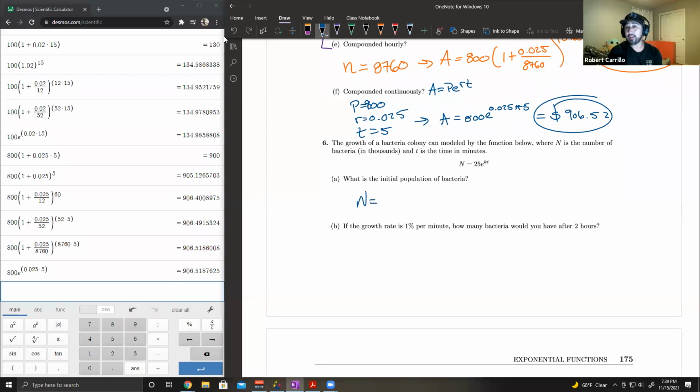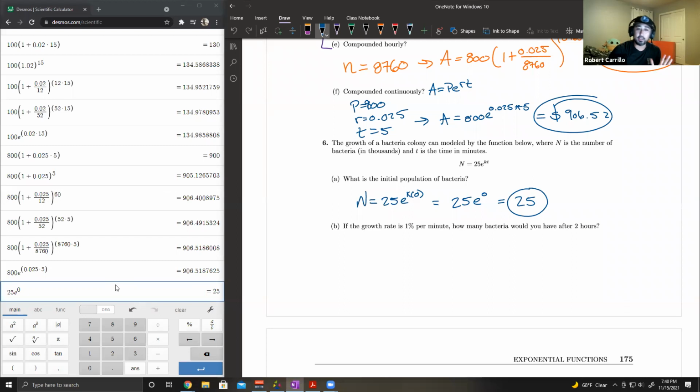So to find your initial population, you would have N equals 25e to the k times 0, which gives you 25 times e to the 0. If I type that in on our calculator, 25 times e raised to the 0, we would just get 25.